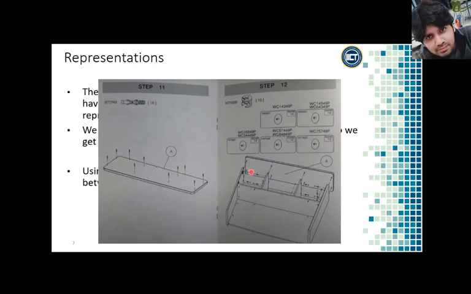This more complicated step over on the right actually ends up pretty intuitive as well. Although it's small and the details are very hard to see, the arrows they put along here make it pretty easy to see the directions you had to move things in order to put these pieces together. That's especially useful in places like up here, where the screw hole actually isn't available in this diagram.